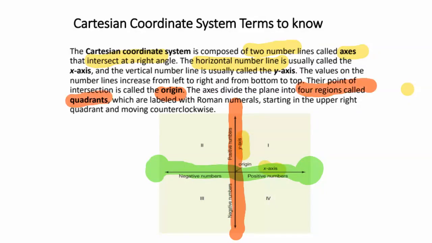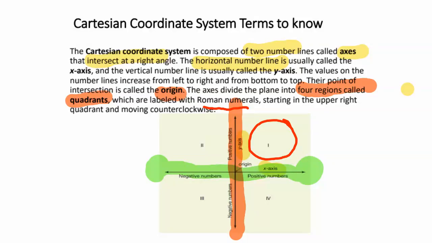Now, part of your homework is they are going to ask you to talk about the 4 regions called quadrants. Now, we use Roman numerals. And we start up here in the upper right quadrant. This is Roman numeral 1. Then we go counterclockwise.